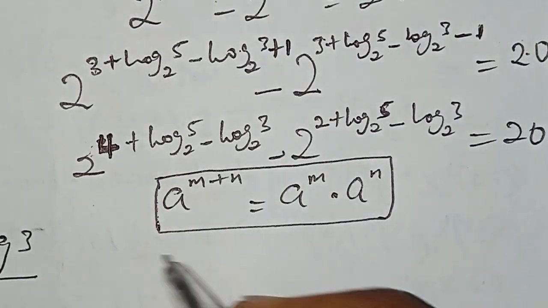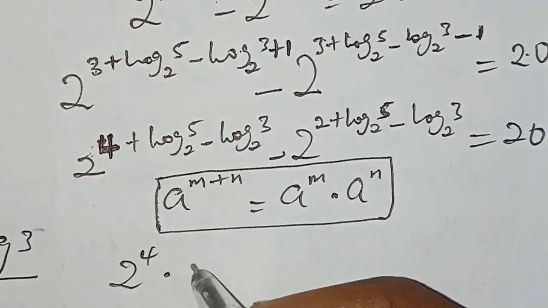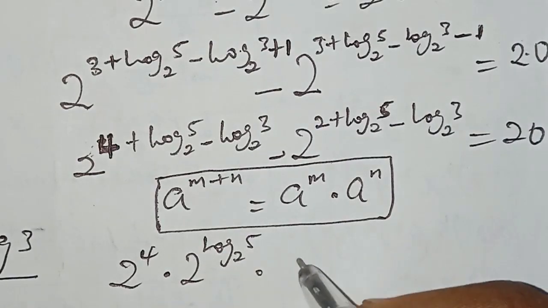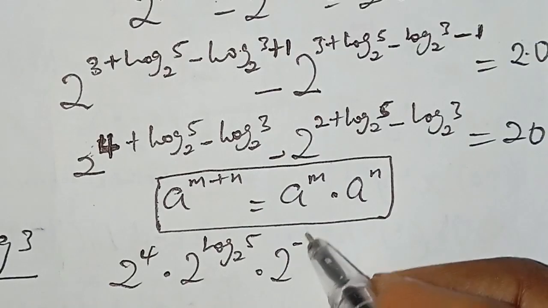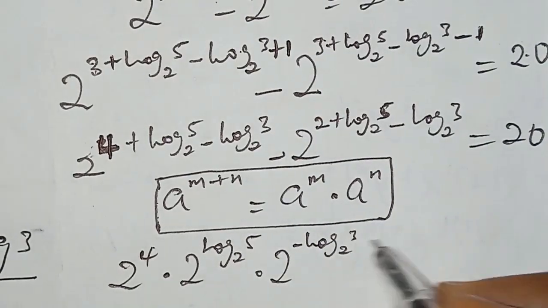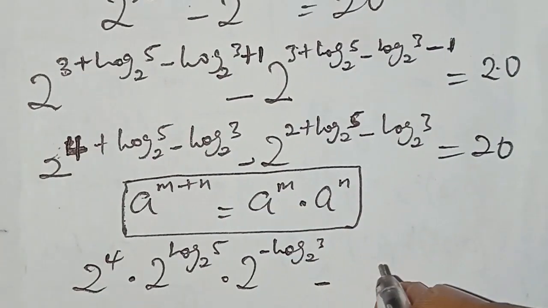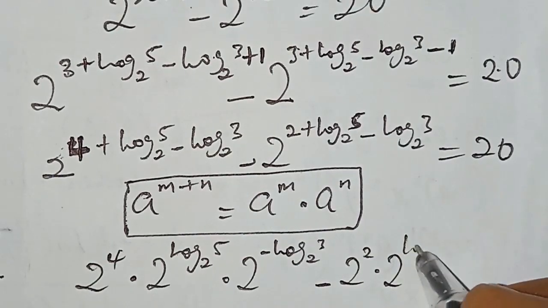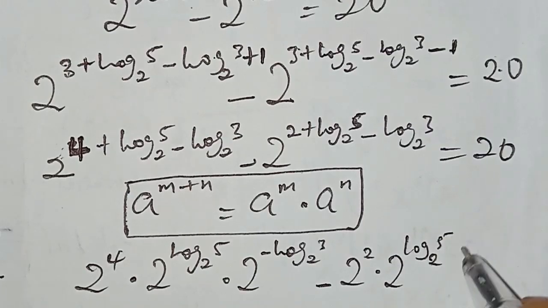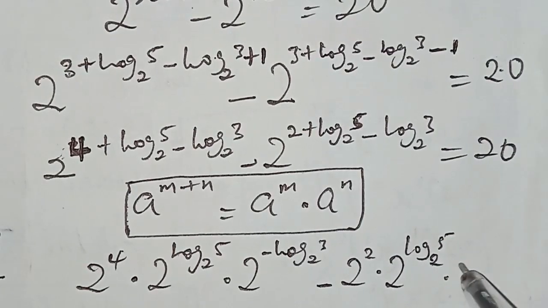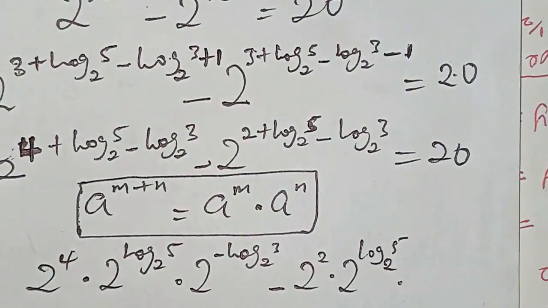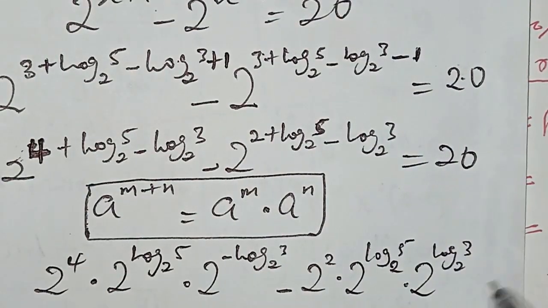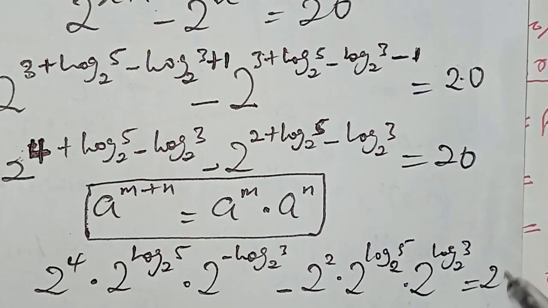So from here, this can be written as 2 raised to power 4 multiplied by 2 raised to power log of 2 base 5 multiplied by 2 raised to power minus log of 2 base 3, minus 2 raised to power 2 multiplied by 2 raised to power log of 2 base 5 multiplied by 2 raised to power log of 2 base 3 equal to 20.